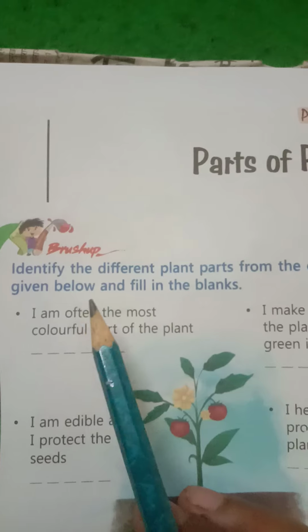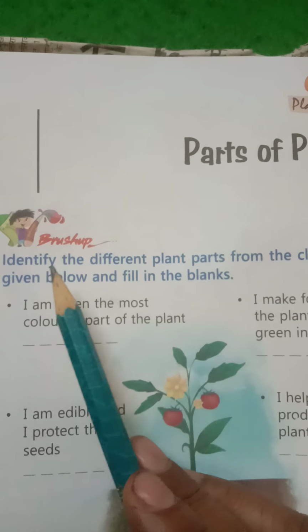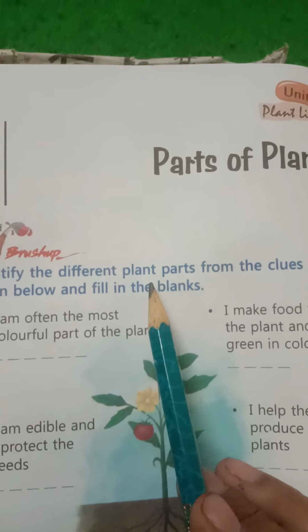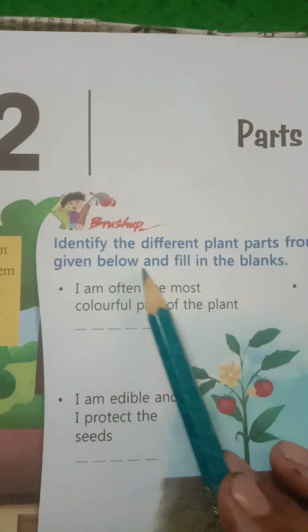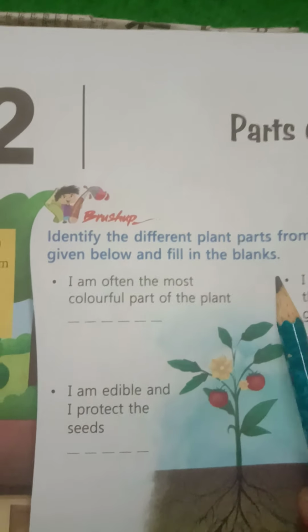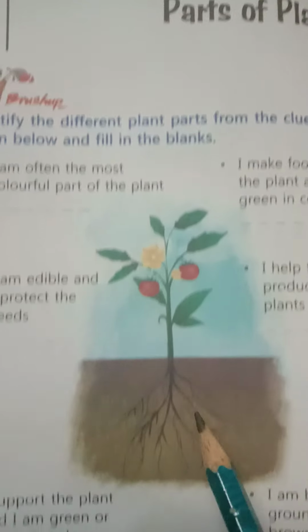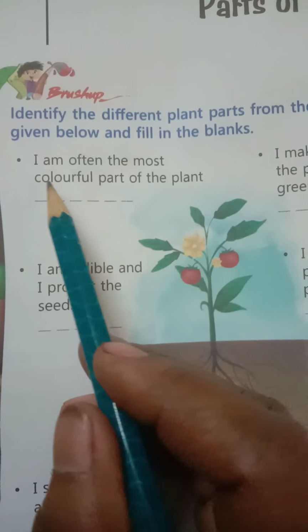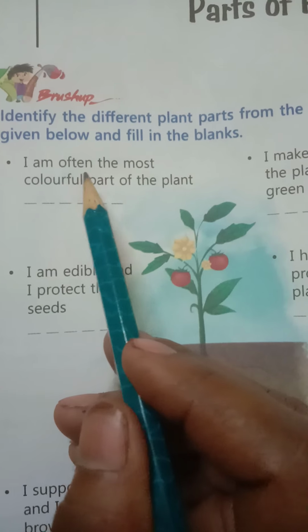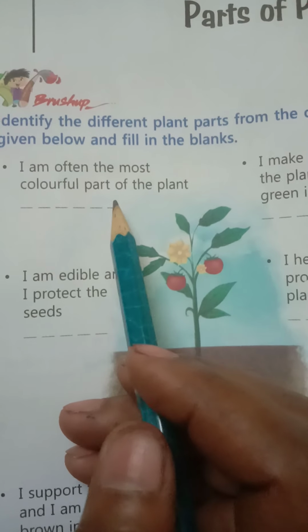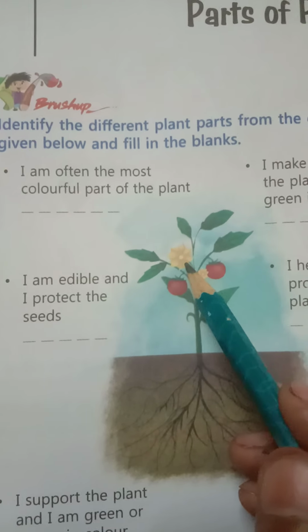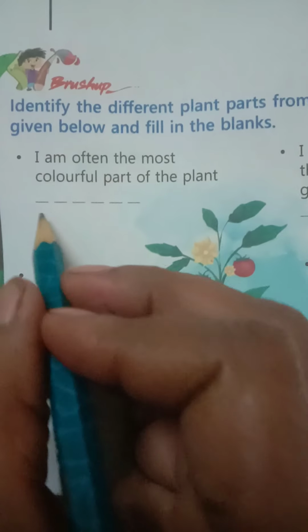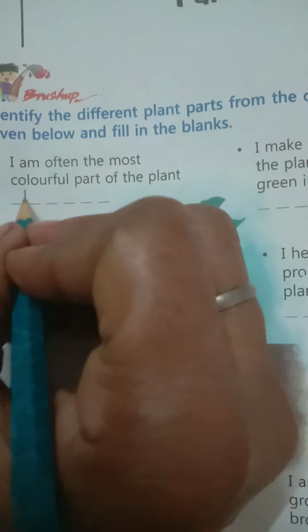Okay, now let's start. Identify the different plant parts from the clues given below and fill in the blanks. First, I am often the most colorful part of the plant. The most colorful part of the plant is the flower.